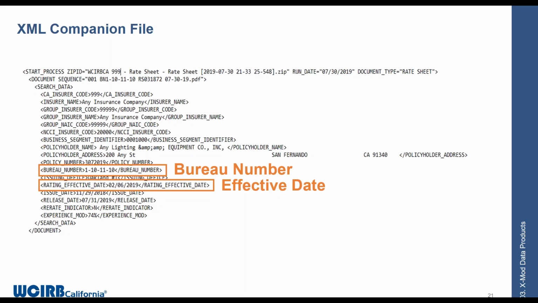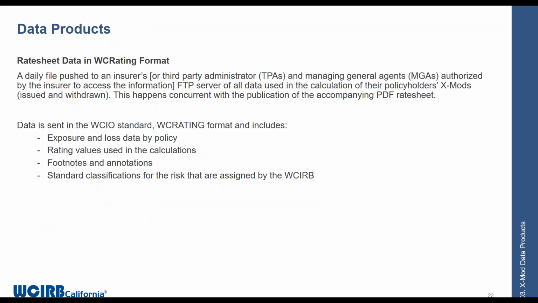This is coming at the same time that we published the actual rate sheet to this particular insurer. And then lastly, we have the actual experience modification percentage as well. All of this data is just an extract of particular metadata from the publication of the experience modification that insurers may be able to use as a feed of information into their system.